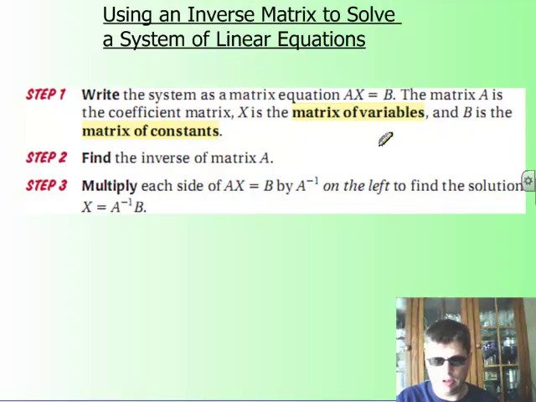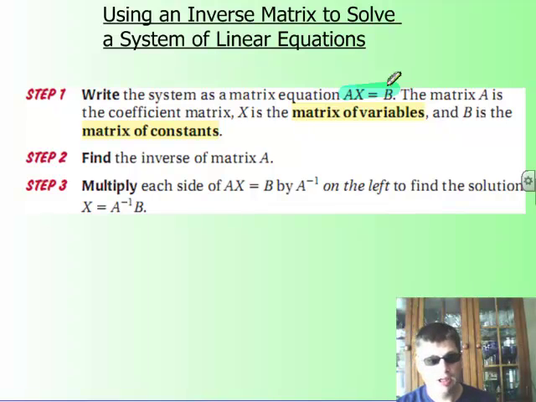We have matrix A times matrix X gives us matrix B. However, we're actually going to put variables into matrix X. And matrix A is going to contain all the coefficients of X and Y. And then matrix B is going to contain all our constants.